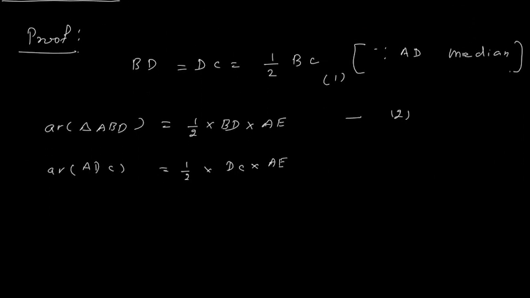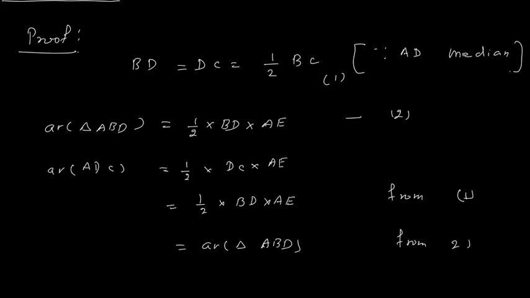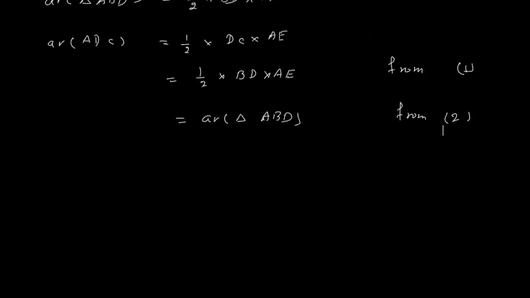Now this DC and this BD are equal. So I can write this as half of BD into AE, from 1. So half of BD into AE is what? Area of triangle ABD. This is from 2. So you have proved that area of ADC is area of ABD.